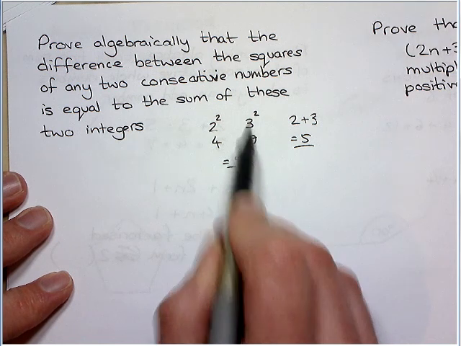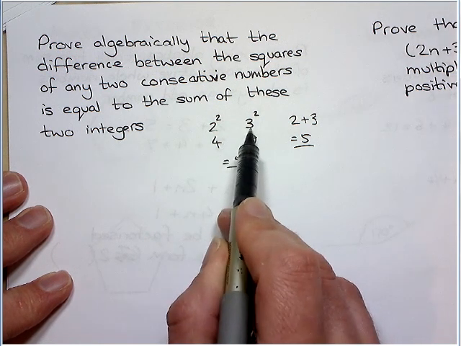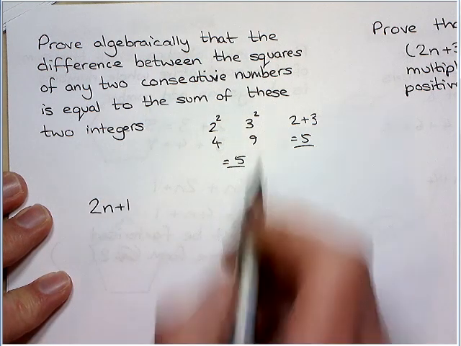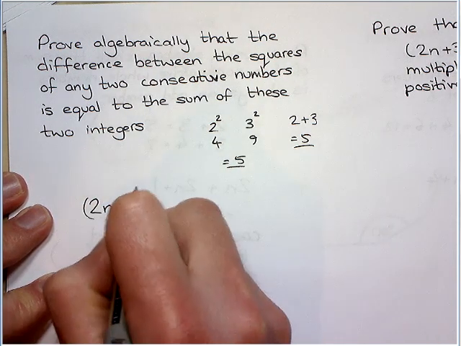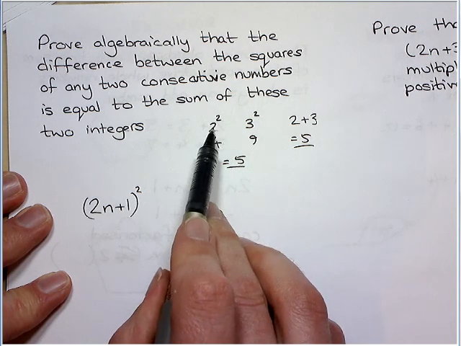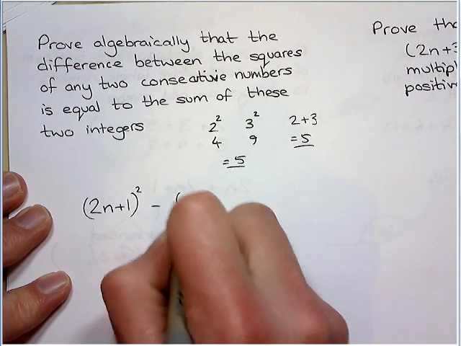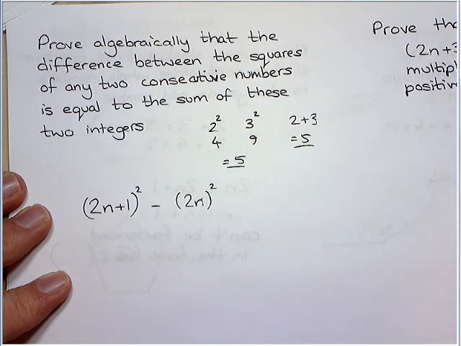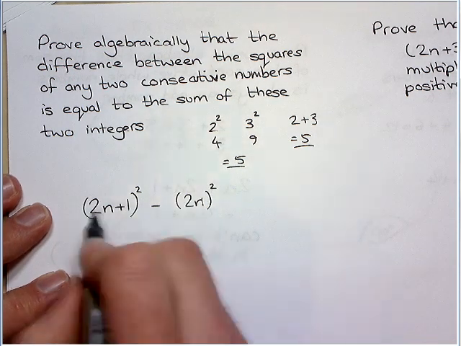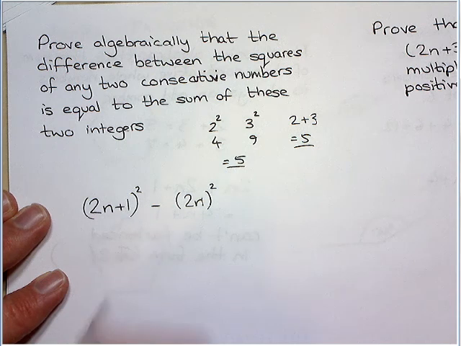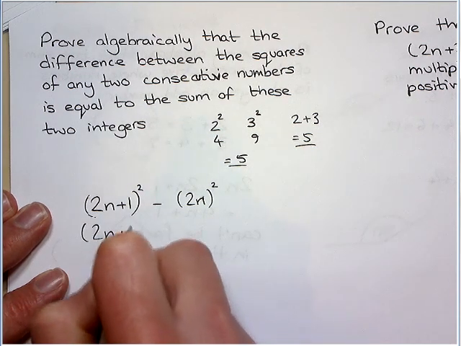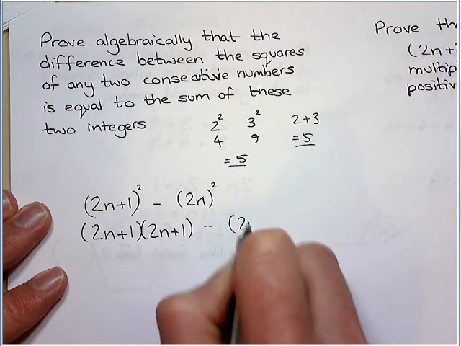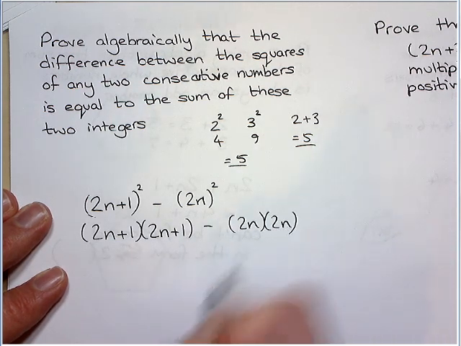To find the difference, it's always the biggest take the smallest. So we're going to start with this one. This is an odd number, so I'm going to say 2n plus 1, and we're squaring that. And then we're going to take away our even number, 2n, and we're squaring that. Squared means times by itself, so actually what we have is this, take away 2n times 2n.